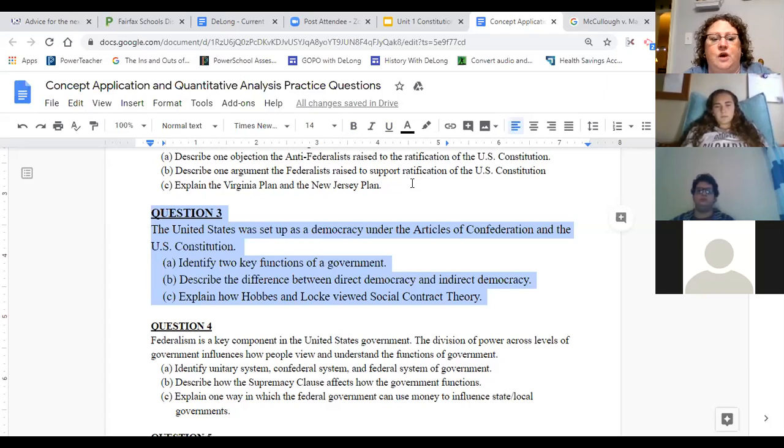All right. So, someone want to tell me a function of a government? Protection of the rights of the people. Yes. I was going to give you a hint. So we've talked about the term failed state, right? That Nigeria is a failed state or could be a failed state.